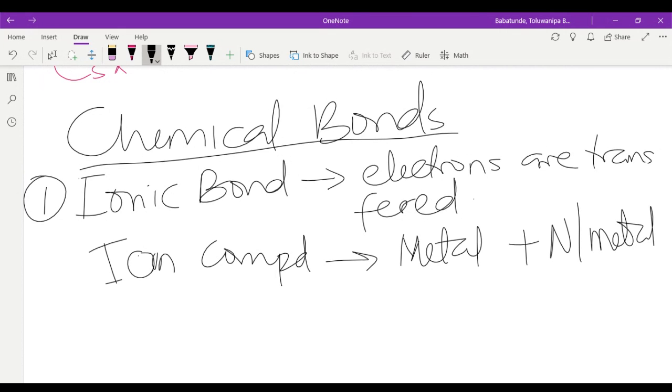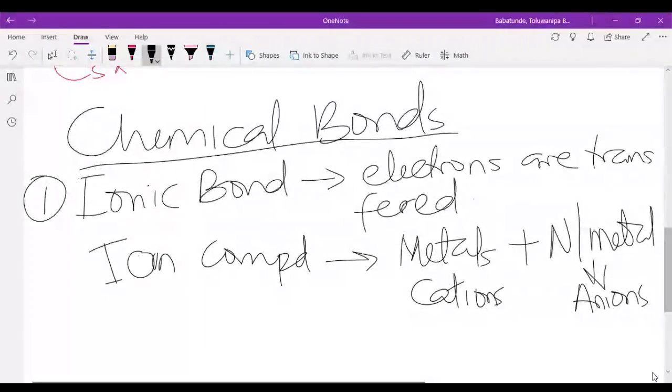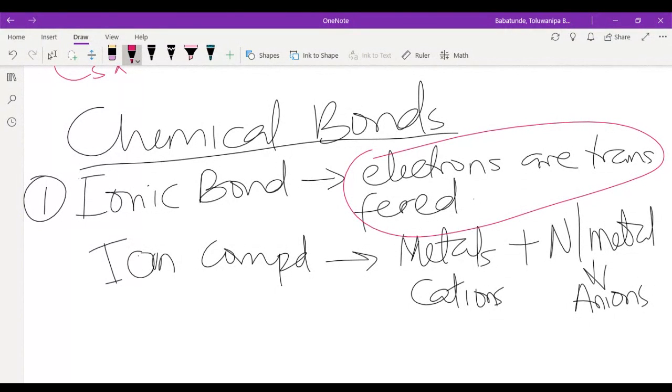Metals are cations, and we know that cations want to lose electrons, and non-metals are anions. So electrons are transferred from the cations to the anions. So in ionic bonding, we say it involves electron transfer. Electrons are transferred in ionic bond.